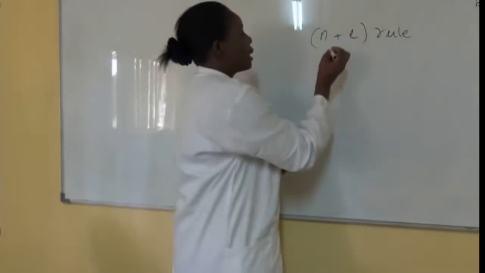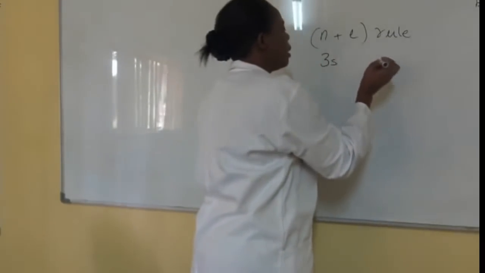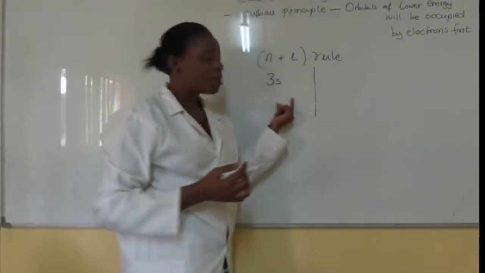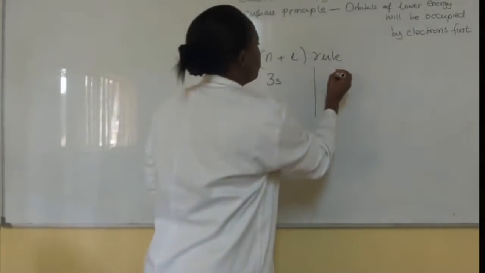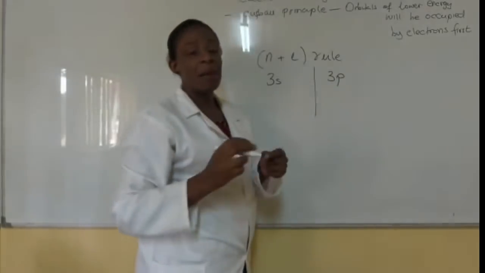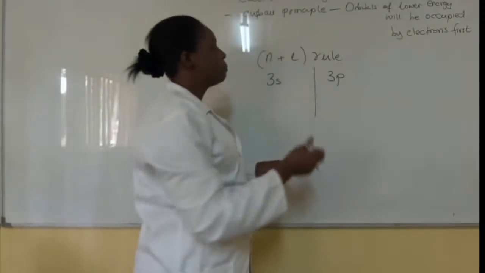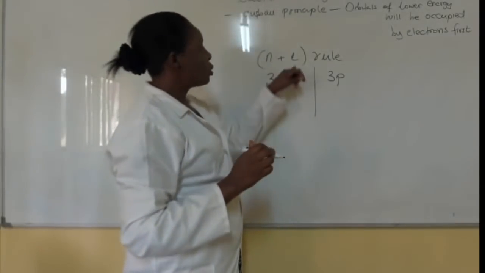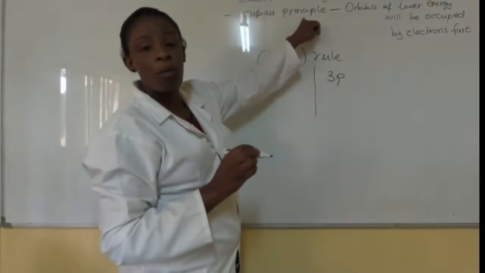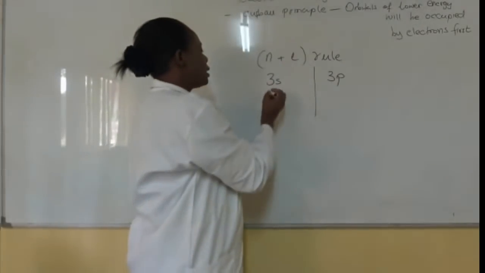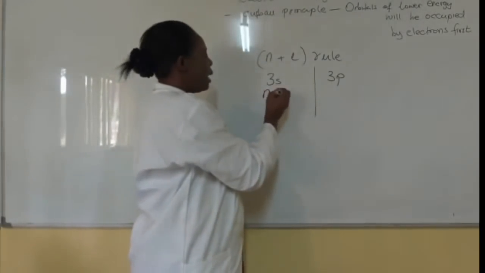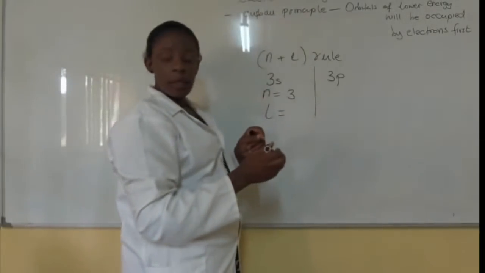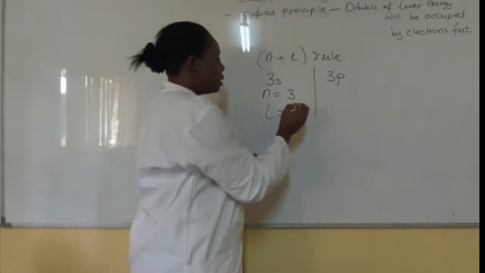For instance, if you are given the 3s orbital, and I ask you, between the 3s orbital and the 3p orbital, which one will be occupied by electrons first? So, using the N plus L rule, which also springs from the Aufbau principle, you actually note that N here will be 3, L here will be, since it's the s orbital, L will be 0.